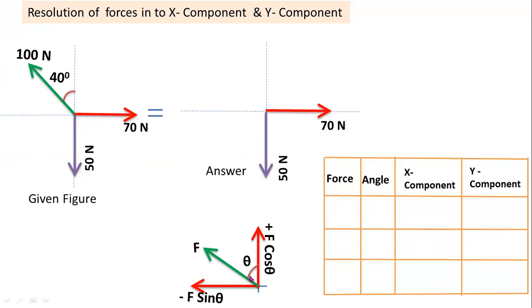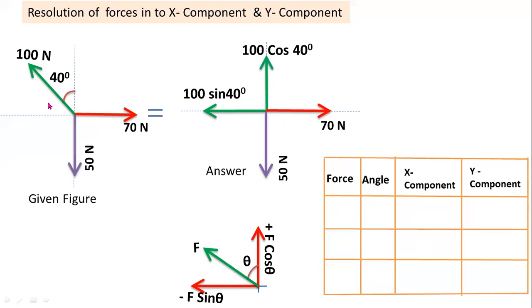From this formula, this is the horizontal force, this is the vertical force. The value of horizontal force is F sin theta, and the value of vertical force is F cos theta. Draw a horizontal force like this, draw a vertical force like this.